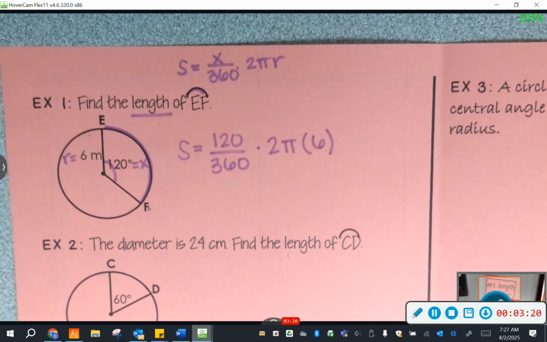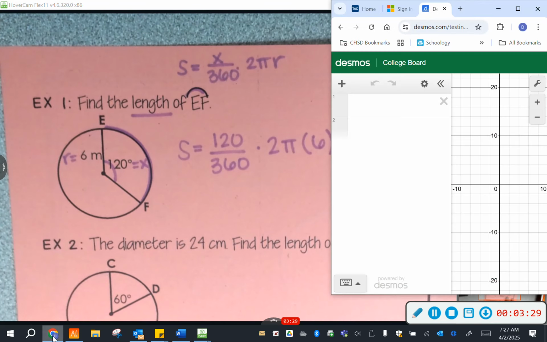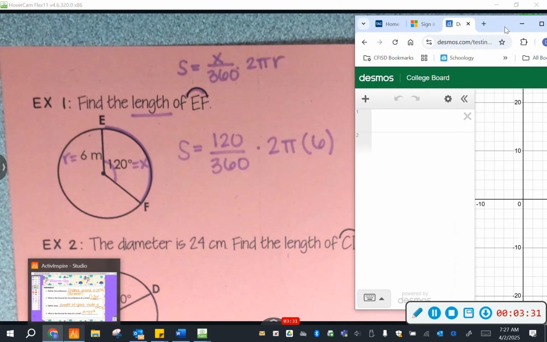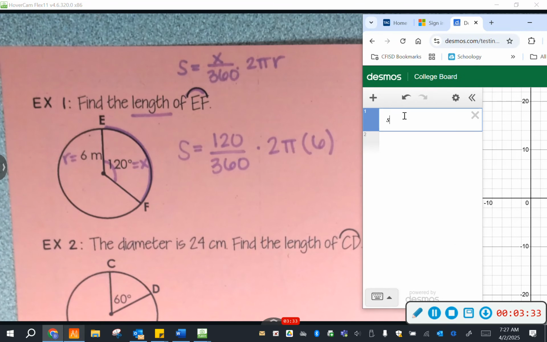All right. When you are plugging this in the calculator, I need everybody to look up. You don't need it right now. I just want you to look up. You are going to do two things. The first thing is you are going to type this in, 120 divided by 360. Please make sure you arrow over. You are not going to type in pi. You're going to leave pi out of it.